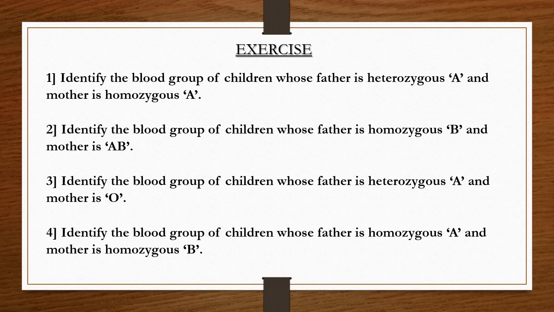Third exercise: identify the blood group of children whose father is heterozygous A and mother is O. And fourth exercise: identify the blood group of children whose father is homozygous A and mother is homozygous B. So please work out these four questions, then you can understand the concept thoroughly. If you do not understand, listen to the previous slides again properly.